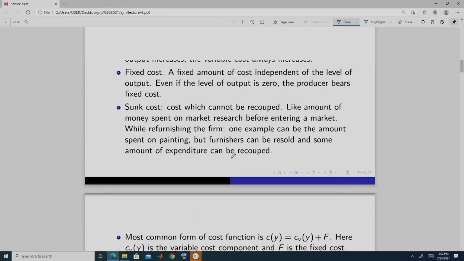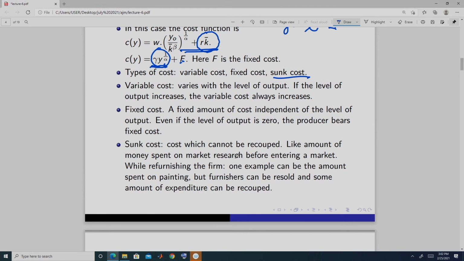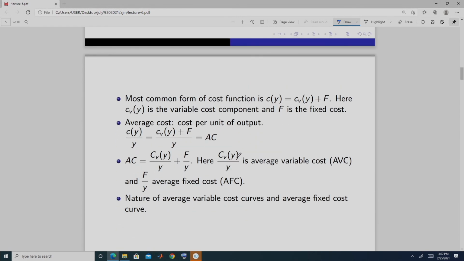Okay? So, we have seen these different types of cost, and most commonly we are going to use this type of cost function, where this part is the variable cost and this part is the fixed cost.